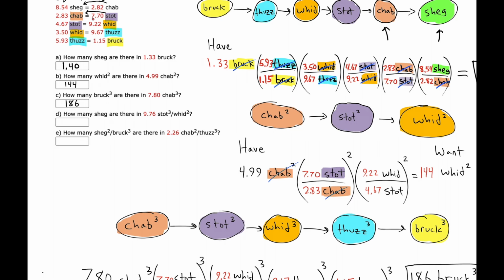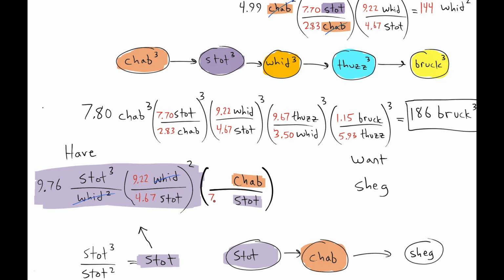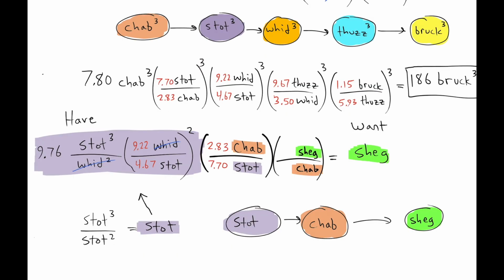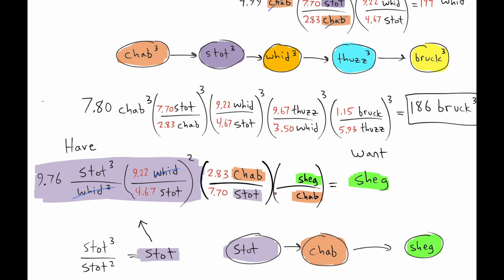Stat and chab have the numbers 770 and 283. And we're going to now have just one more factor. Put chab down below and sheg above. .82 goes with 8.54.